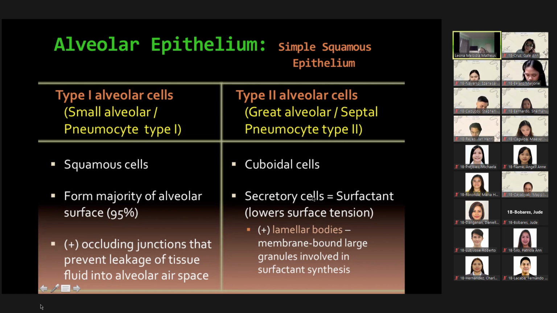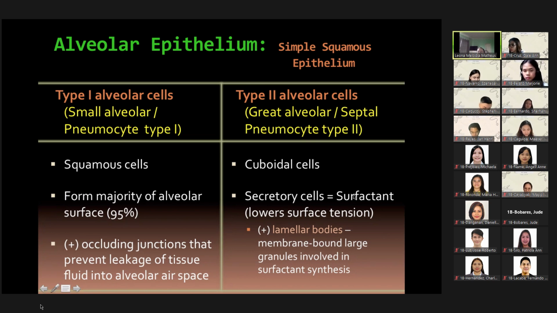Whereas in the pneumocyte 2, what is important about this is that they secrete surfactant, which of course lowers the surface tension inside an alveolus so that the alveolus will not collapse. Meaning it always remains open. Para hindi mahirap inflate again ang ating lungs. That's the purpose of your surfactant.